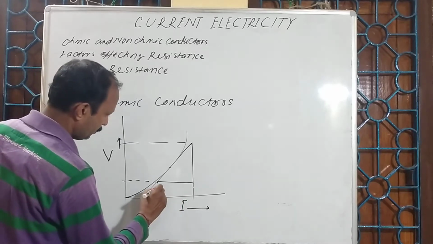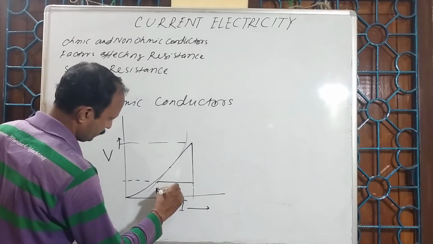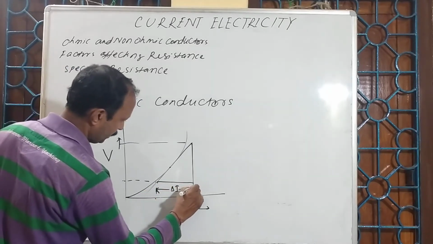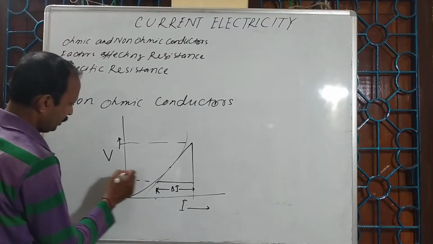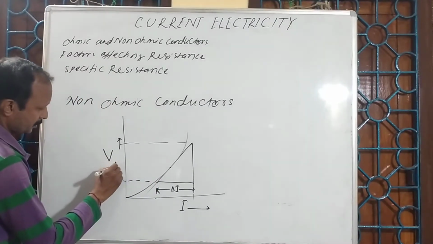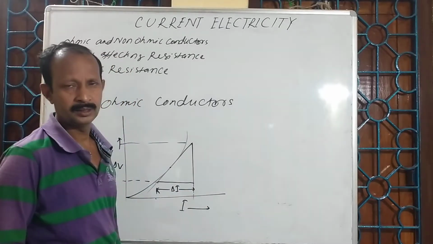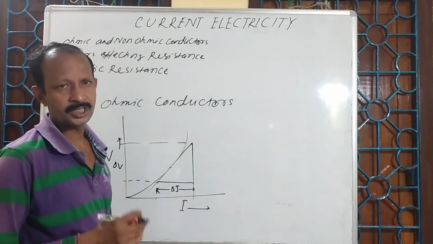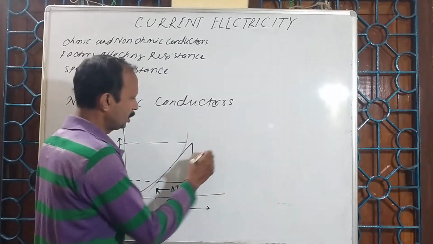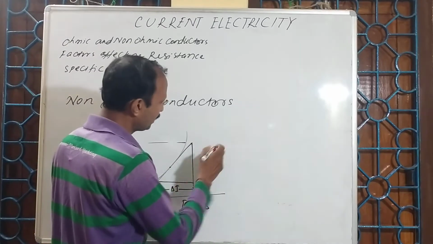Here to here represents delta I, and here to here represents delta V. So we can calculate the resistance by taking the slope of the tangent line.